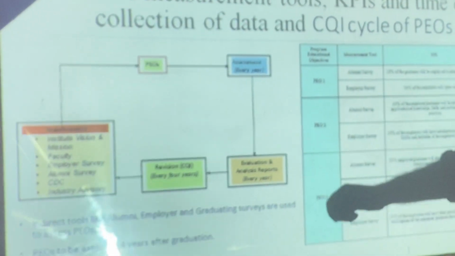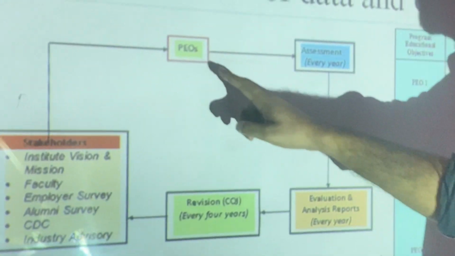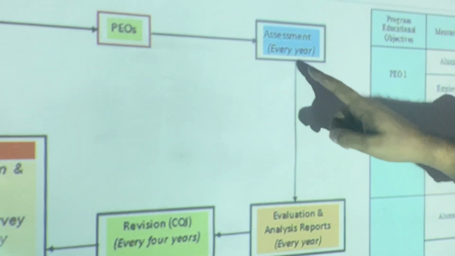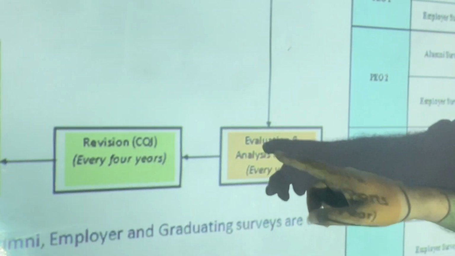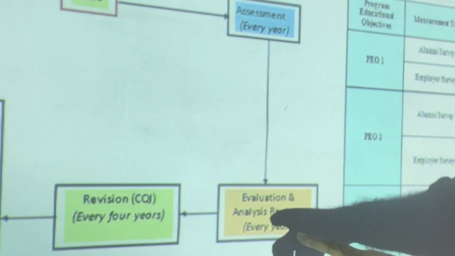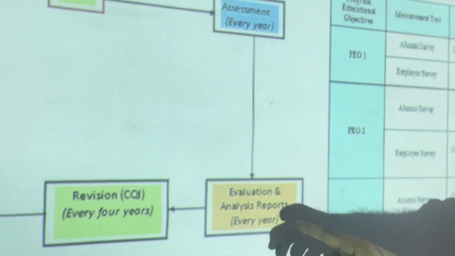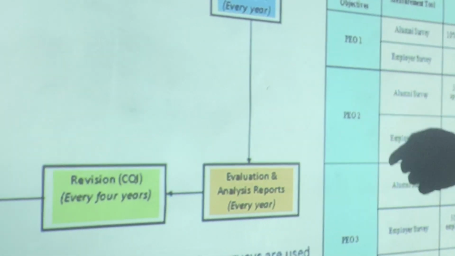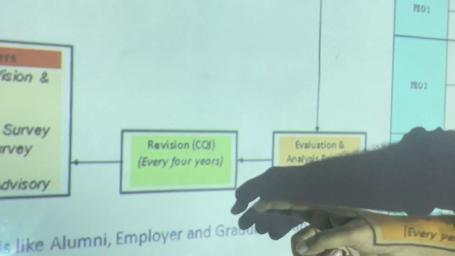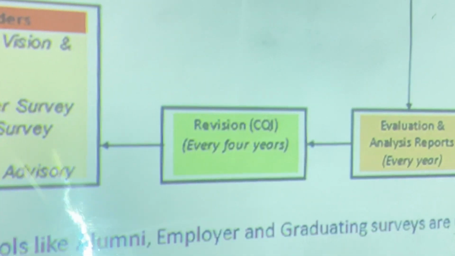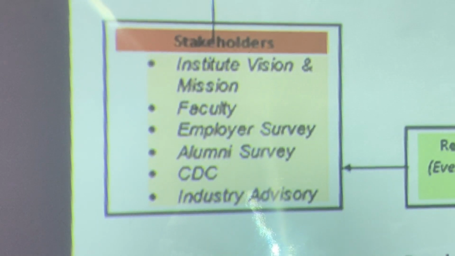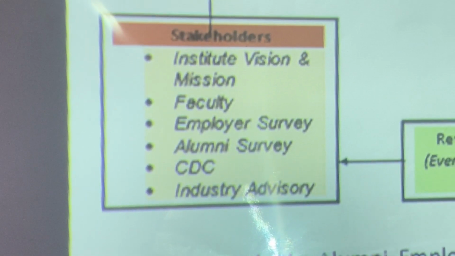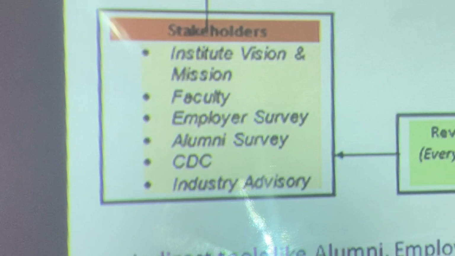Look, these are the POs, and these POs are assessed every year. How can we assess? This assessment has to be evaluated on the basis of reports every year, and after four years the POs will be revised. And who are the stakeholders in designing and investigating these POs?